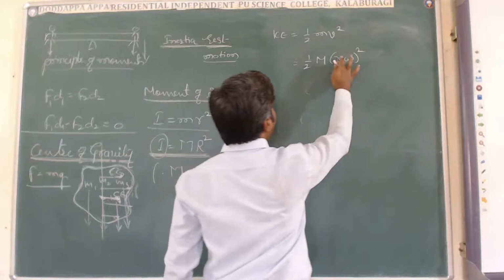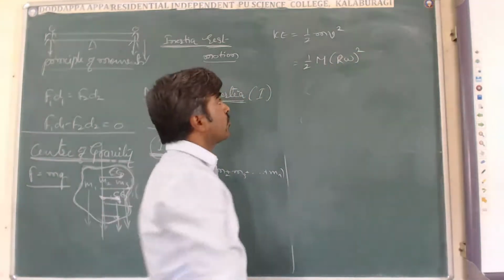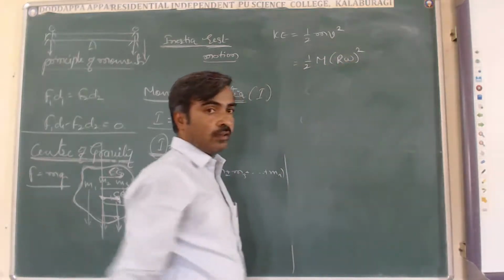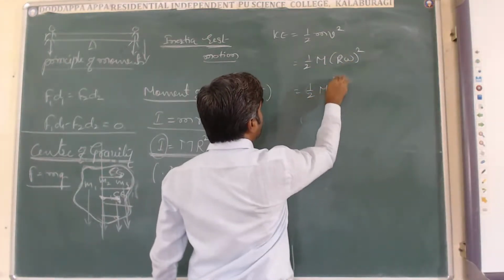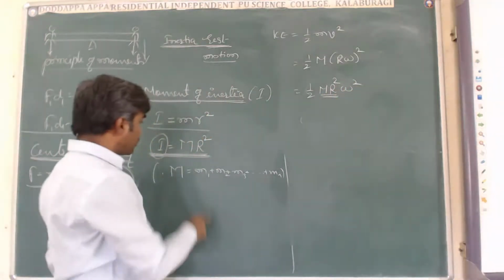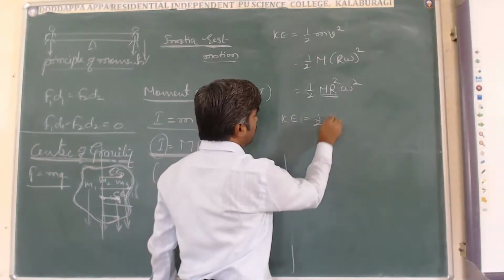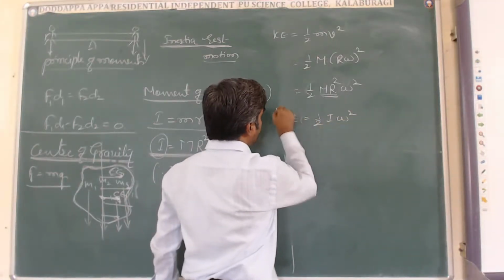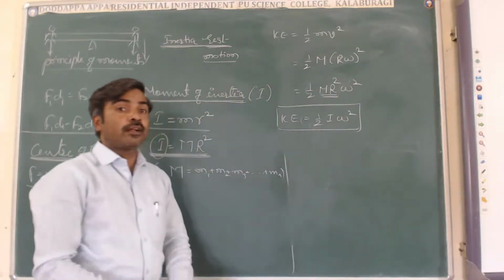This r is nothing but the radius vector, the position vector. Since we have discussed v is r omega, we can write this as half m into r square into omega square. M r square is nothing but moment of inertia. Hence, the kinetic energy of a rotating body we can write in terms of half I omega square.